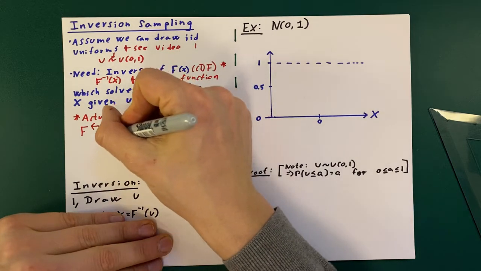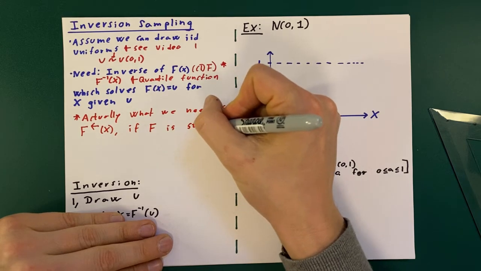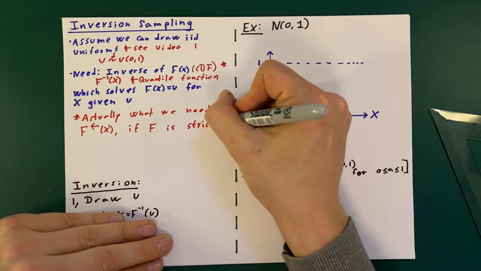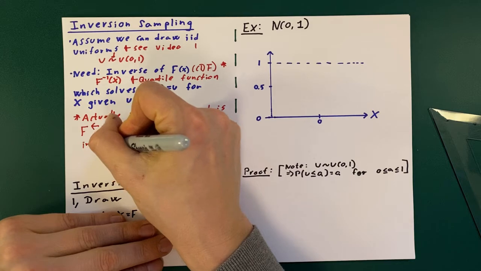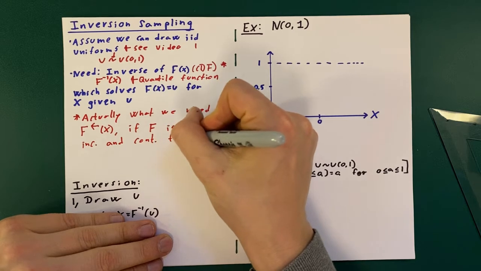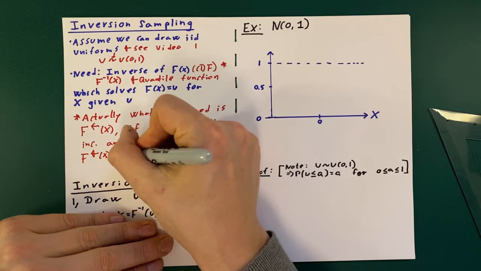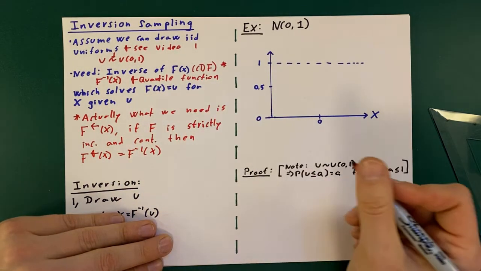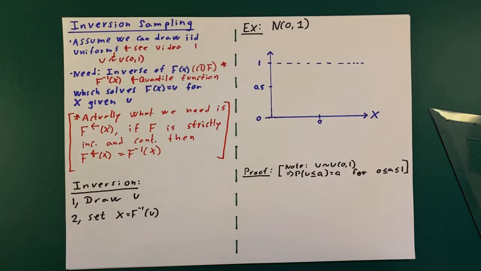But if F is strictly increasing and continuous, then this generalized inverse is the same as the quantile function. I'm not going to go into too much detail about what this generalized inverse is, but it basically just catches a few edge cases where the quantile function might otherwise not work.